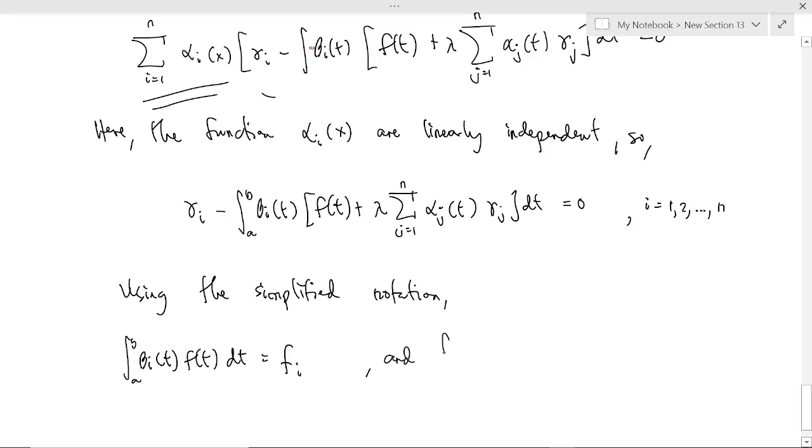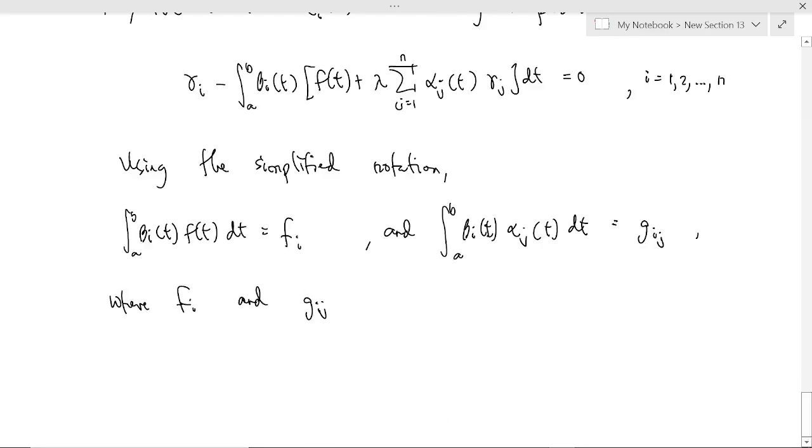And then we have the integral of b_i(t) alpha_j(t) dt, evaluated from a to b, which we can name G_ij. So F_i and G_ij are known constants.